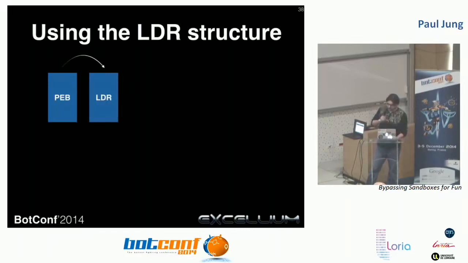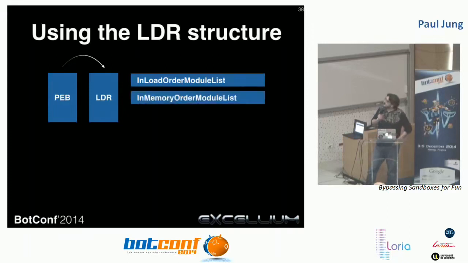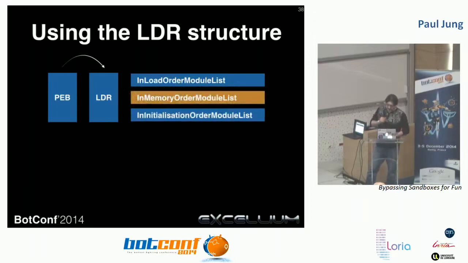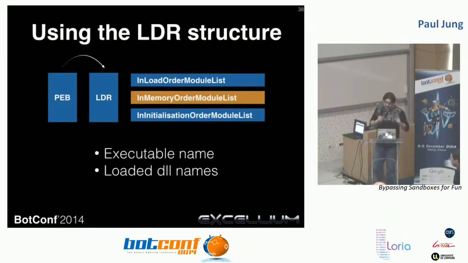You have the InLoadOrderModuleList, which lists the DLLs loaded at the start of the executable. You have the InMemoryOrderModuleList, which lists the DLLs currently running. And this one is really interesting, the second one. It gives you the name of the executable and the names of the currently loaded DLLs.